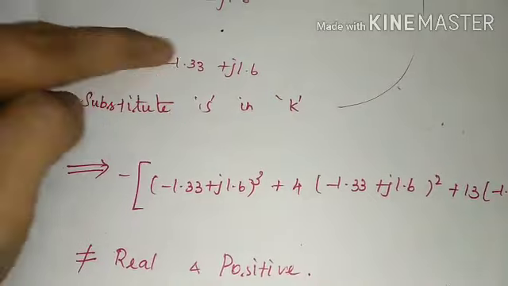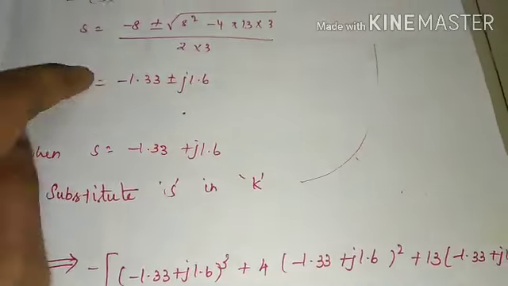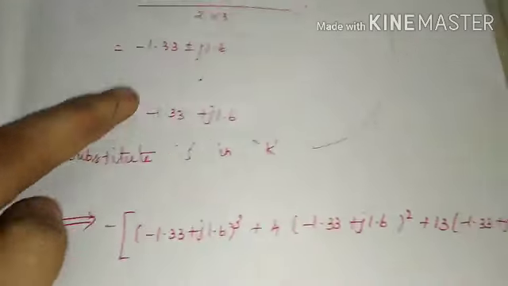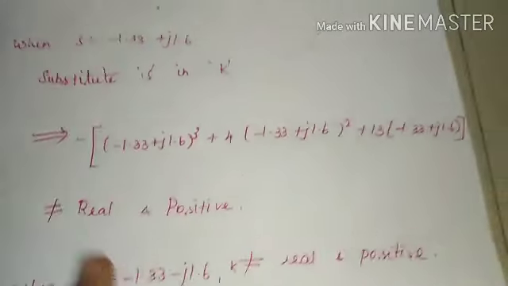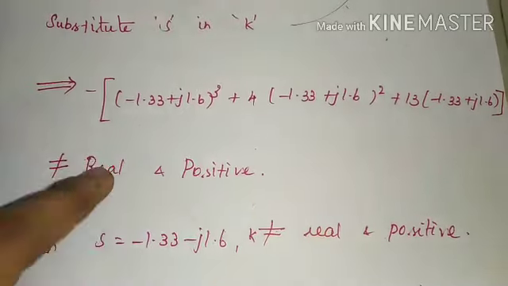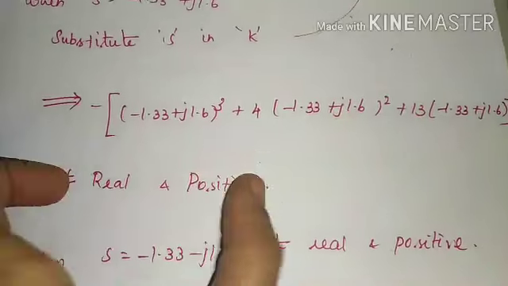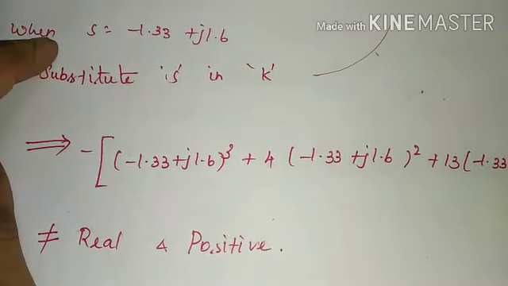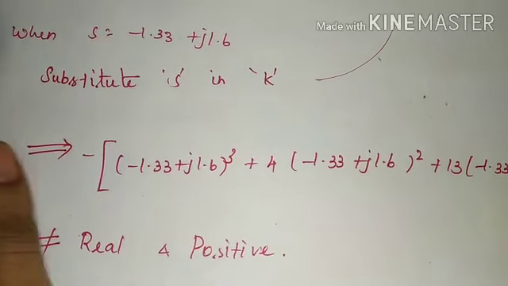You will get two s values from this solution. You have to substitute the first s value, then the next s value, and check whether k is real and positive or imaginary. If it is real and positive, then that s value is your breakaway point, right? Please try the practice question given in the community tab.